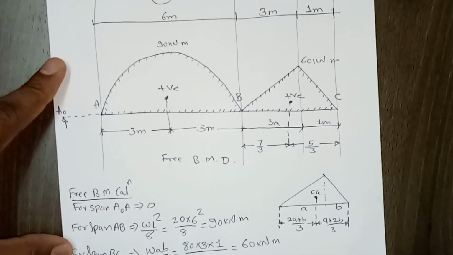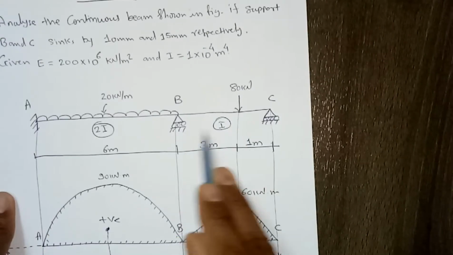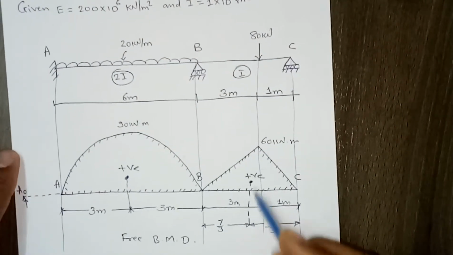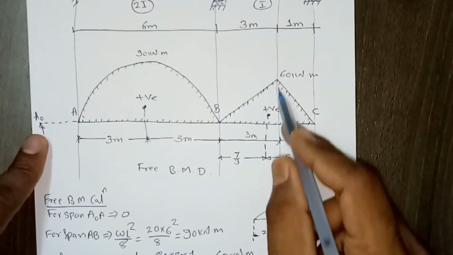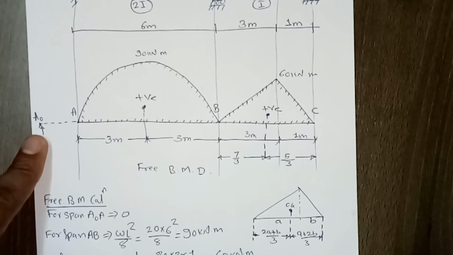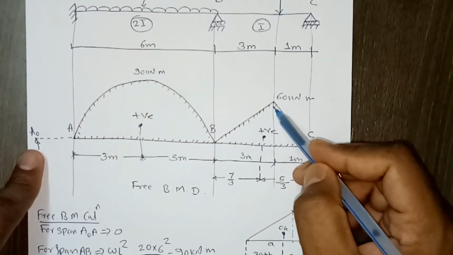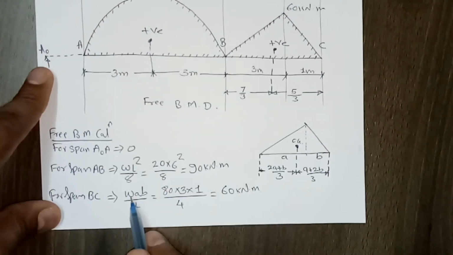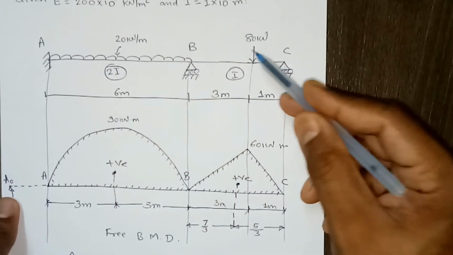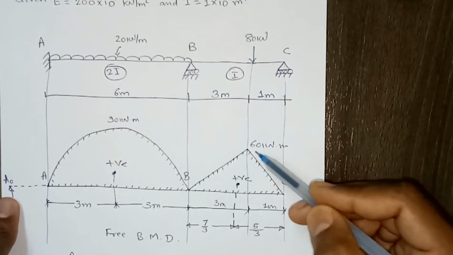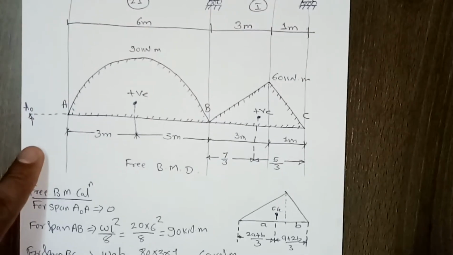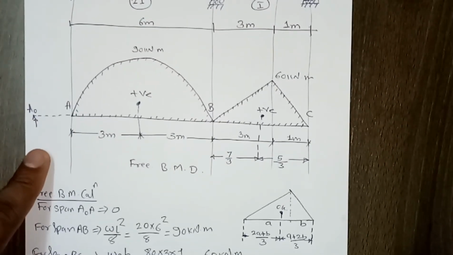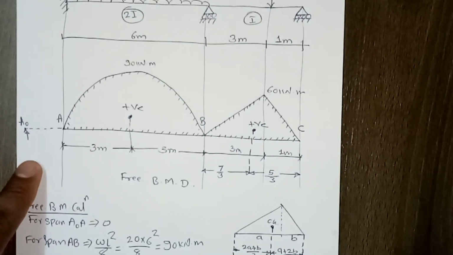Now for span BC, the maximum value of the bending moment is WAB by L, which will be below the point load. So this value turns out to be 80 multiplied by 3 into 1 by 4, and this comes out to be 60 kilonewton meter.